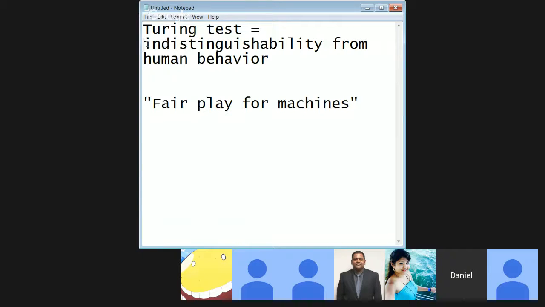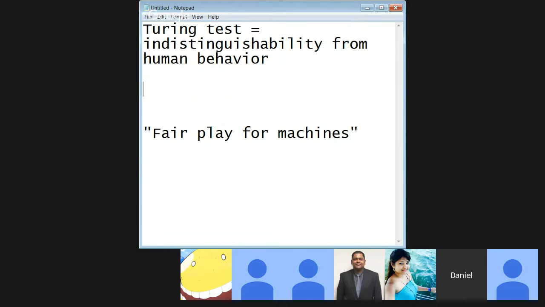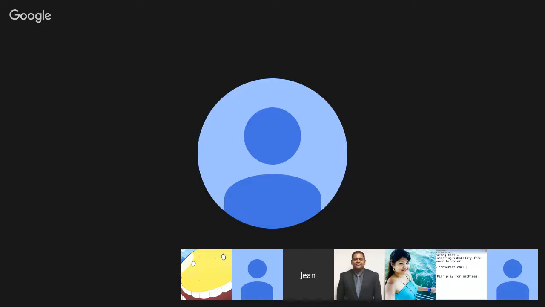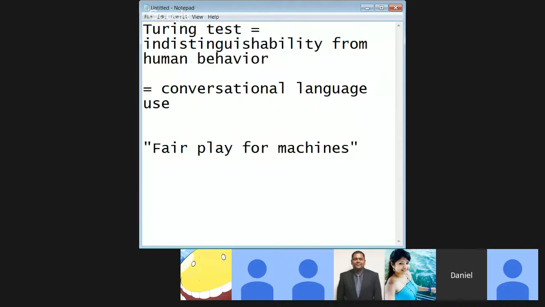Now, in the Turing test, the indistinguishability isn't in general. The indistinguishability is specifically in conversational language use. In other words, if you engage the machine in a conversation, can it talk to you like another human being? Can it hold a conversation with you like another human being?